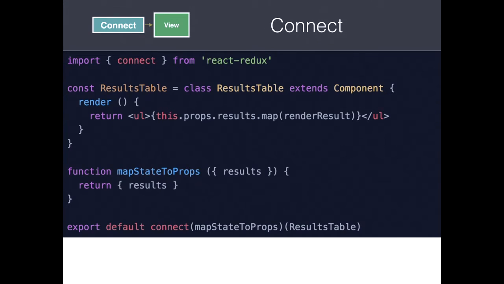And so how do we get the props from the state via connect? The first parameter to connect is a mapStateToProps function, which receives the state as the first argument, from which I'm using ES6 destructuring, and I'm grabbing the results part of the global state.